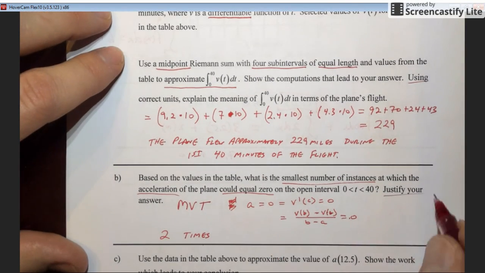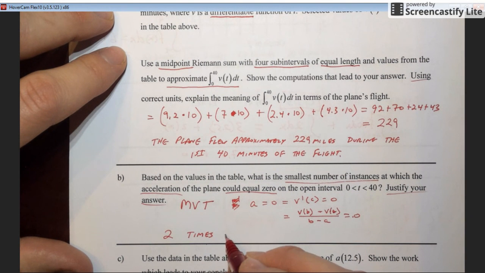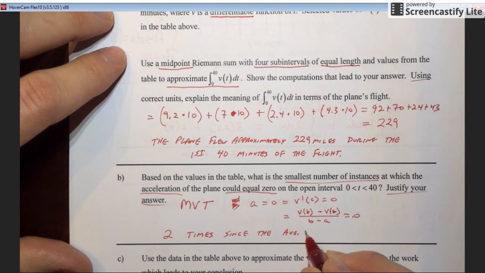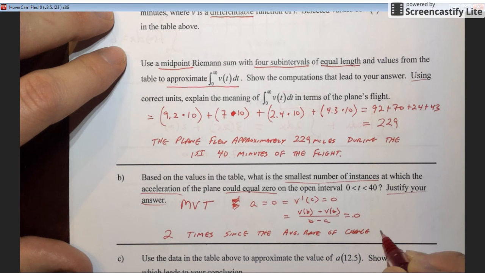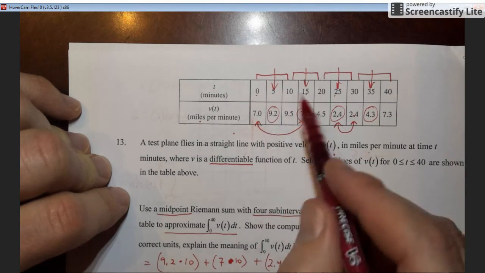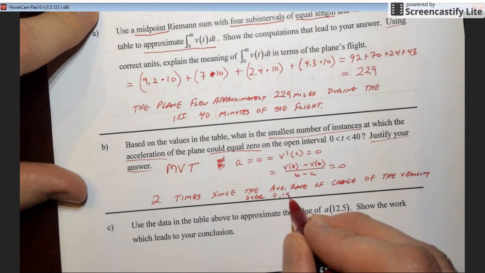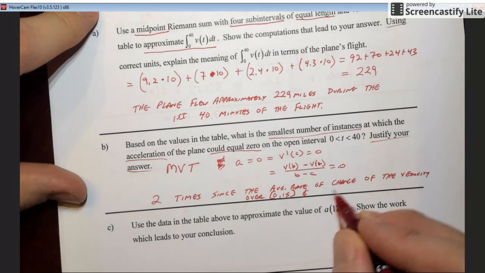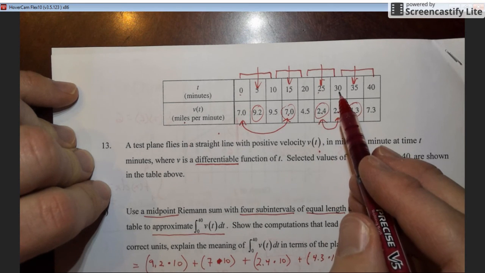All right, justify your answer. Okay, 2 times, since the average rate of change of the velocity over our first interval was from 0 to 15, and our second interval was from 25 to 30.